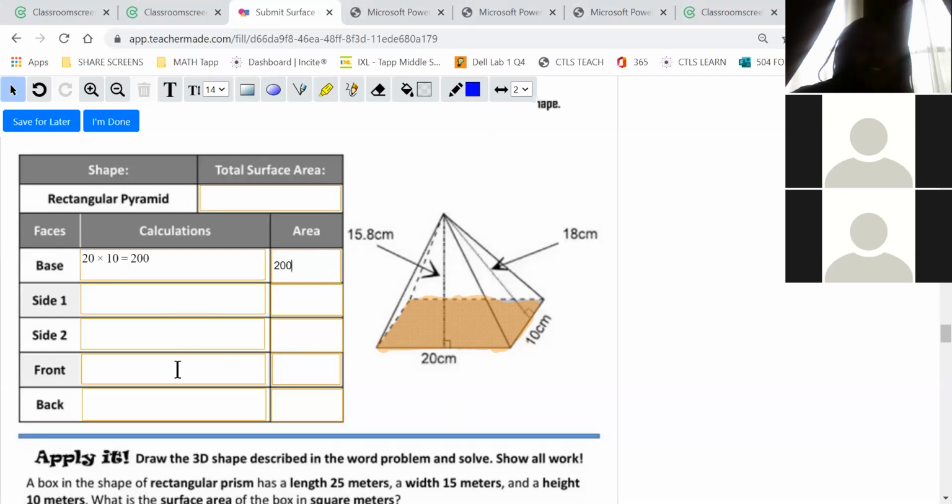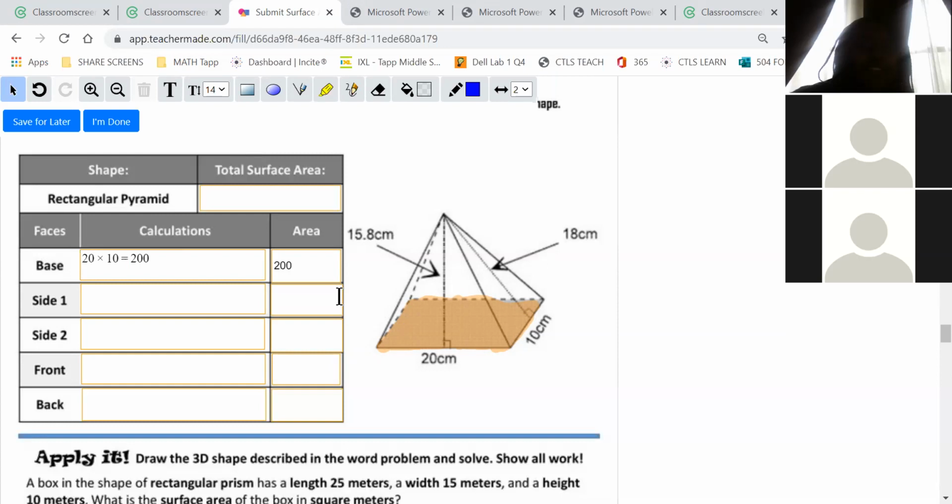Now we're going to do our sides, which are the opposite triangles that are congruent. So this side is congruent to the side over here. And then this front is congruent to the back. So let's go ahead and take care of a side.